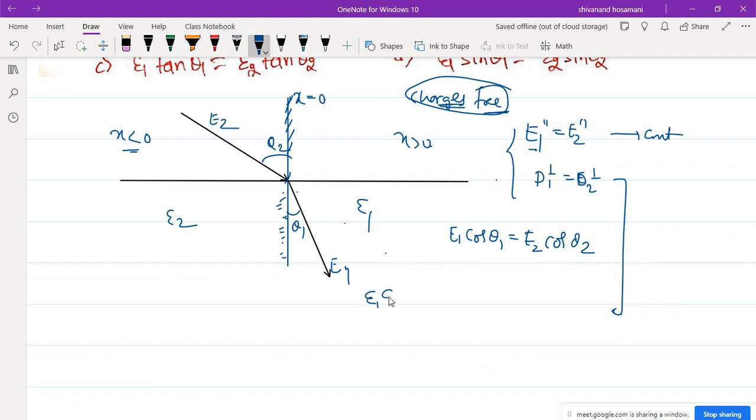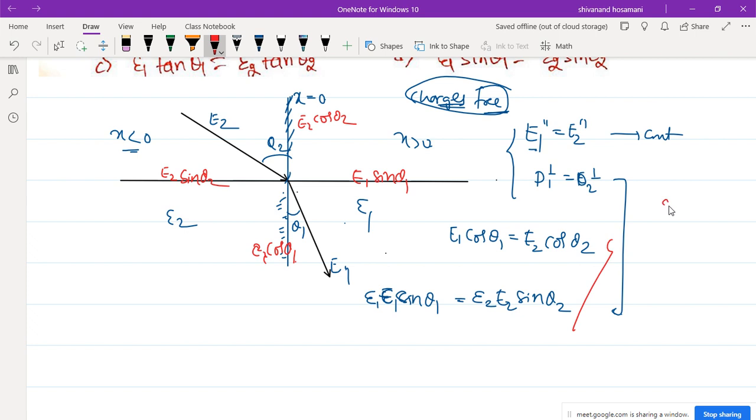D1 is defined as epsilon 1 E1, so epsilon 1 E1 sin theta 1 is equal to epsilon 2 E2 sin theta 2. Why do sin theta terms come? Because of the perpendicular components. Here the perpendicular component is E2 sin theta 2 and E1 sin theta 1, and the parallel ones are E2 cos theta 2 and E1 cos theta 1.